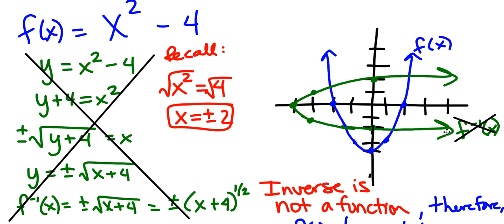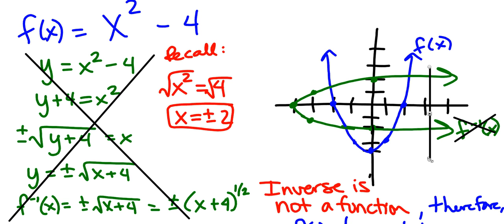So with the green, with what we thought was the inverse, we did the vertical line test. Now, if I'm going to do the vertical line test with the inverse, then isn't there something I could do with our original function to figure out if it's going to have an inverse? Let's think, how could I have figured this out before?